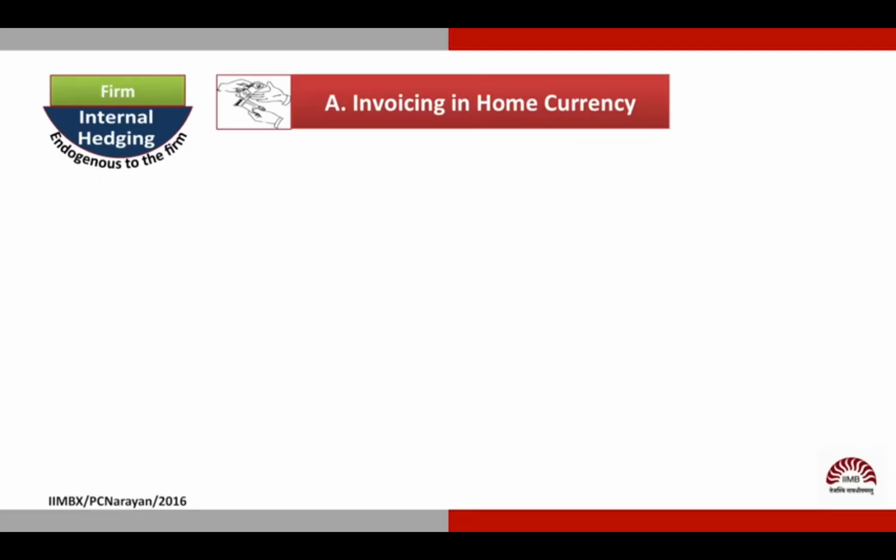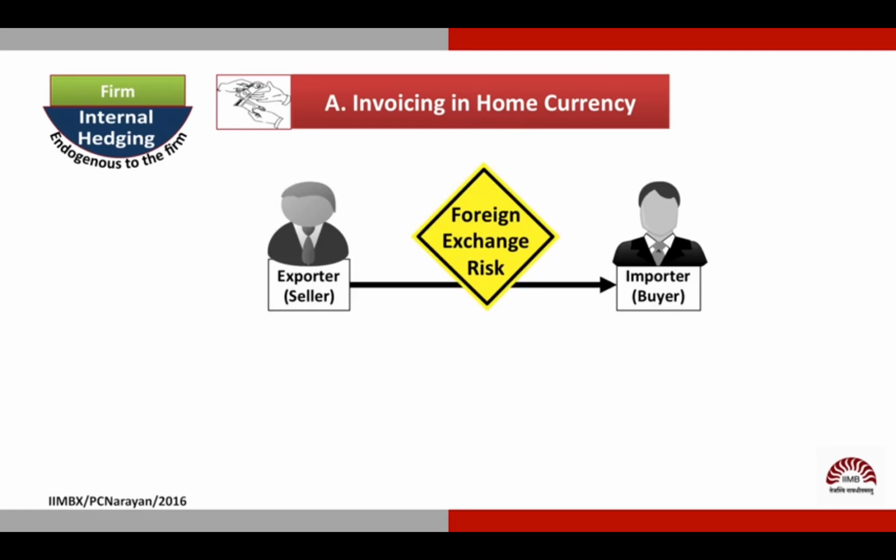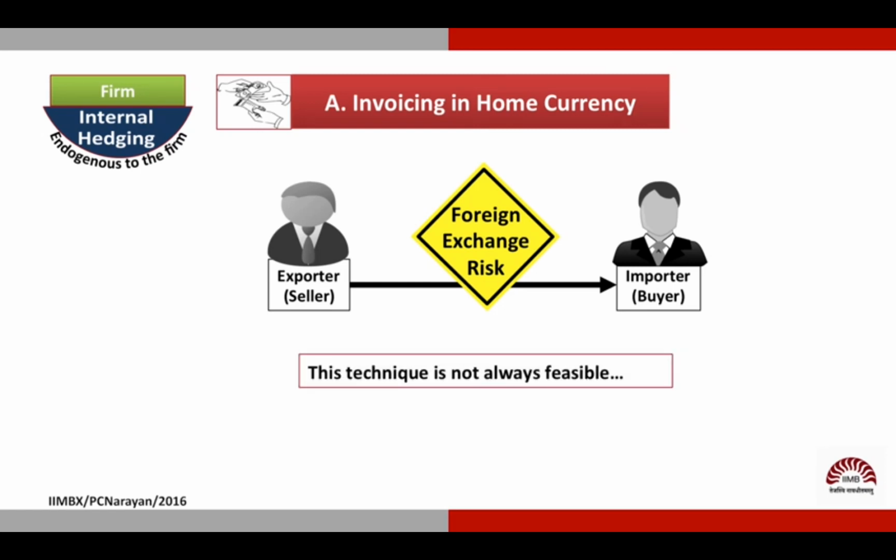An internal hedging technique that is often pursued by several firms is invoicing in home currency, thereby transferring the foreign exchange risk to the buyer or the importer. However, this technique is not always feasible for a variety of reasons.